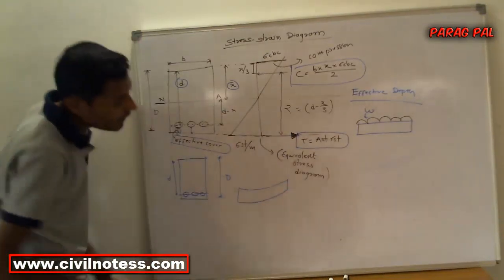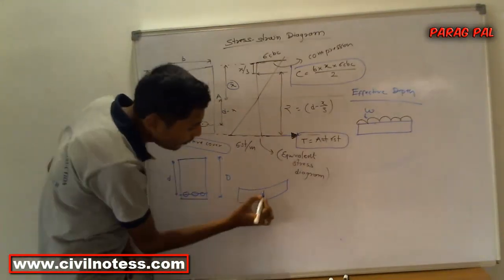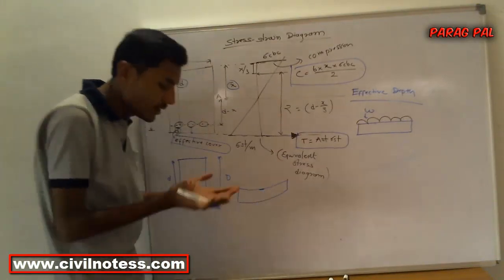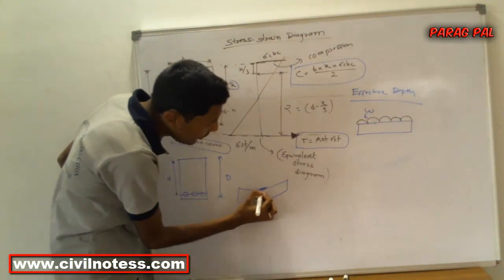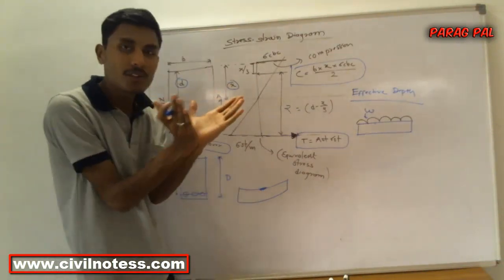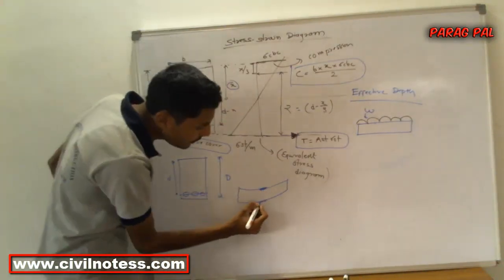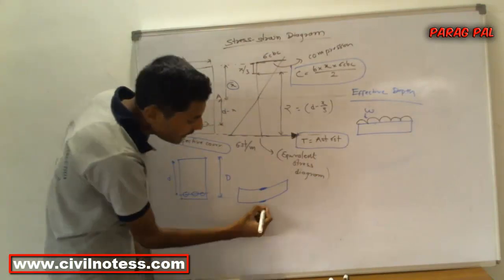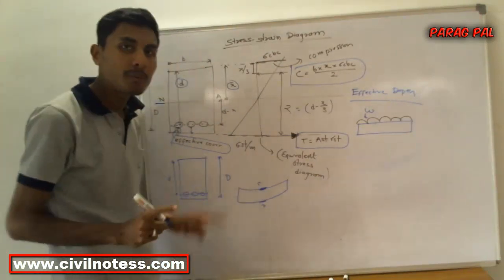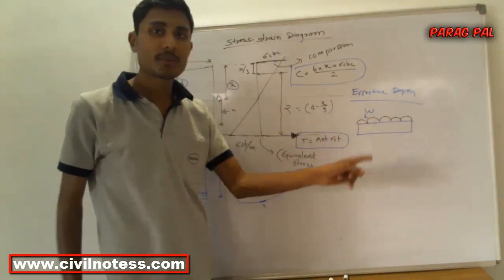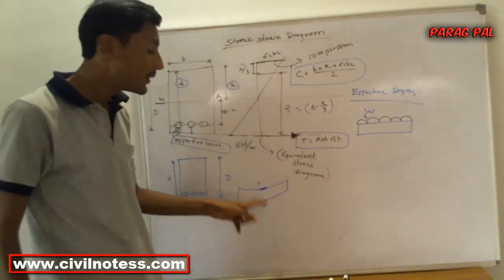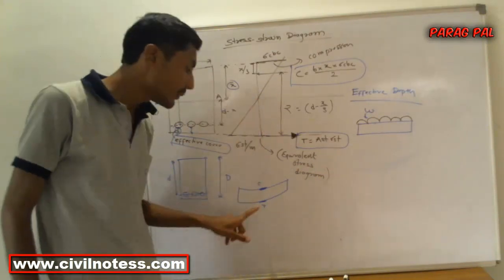So what exactly is happening? This portion comes in compression, and this portion comes in tension. Always remember, at whichever side the loading is applied, only that side has compression, and the opposite side comes in tension.